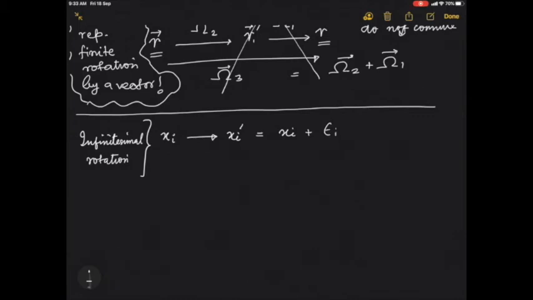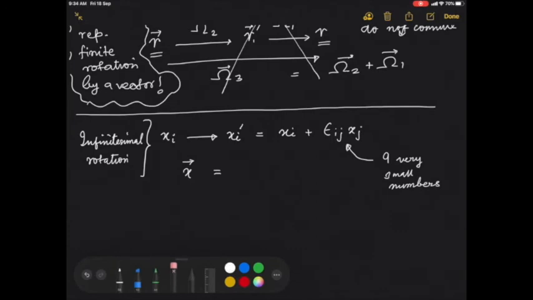By rotation it changes to xi prime, and it is related to xi. There is a very little change in xi, so that's why it's infinitesimal, and can be written this way, where these are 9 very small quantities.